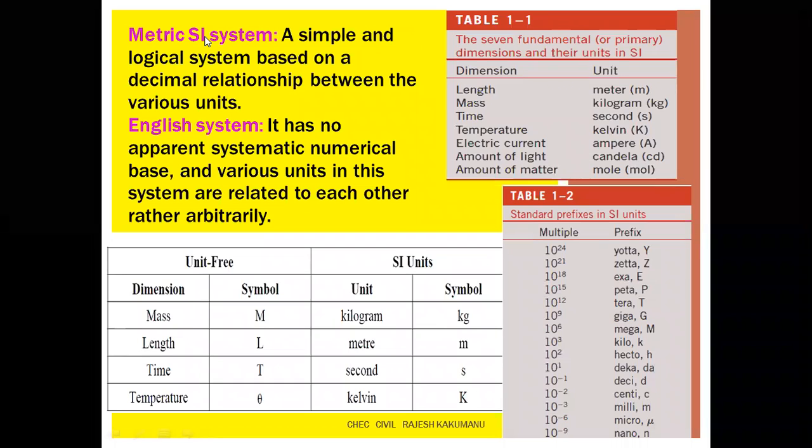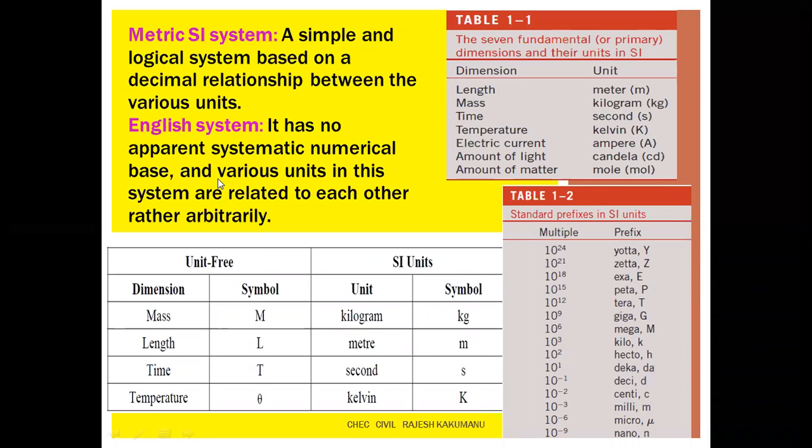Then what is the English system? It has no apparent systematic numerical base, and various units in this system are related to each other rather arbitrarily.